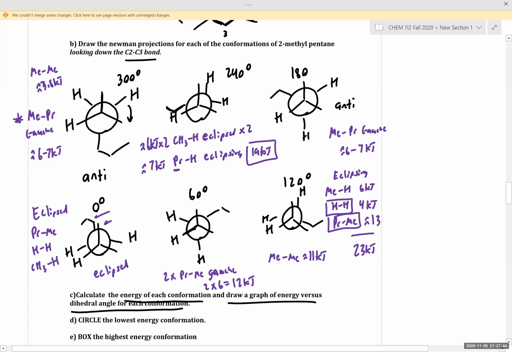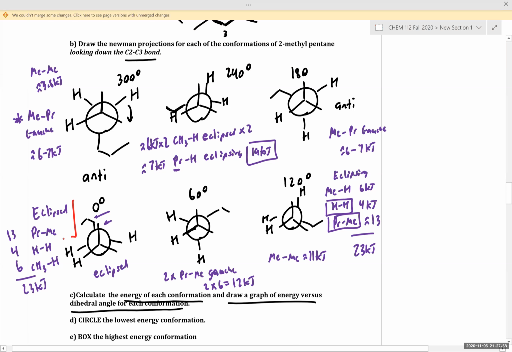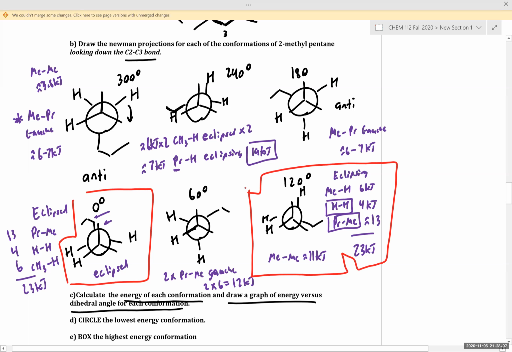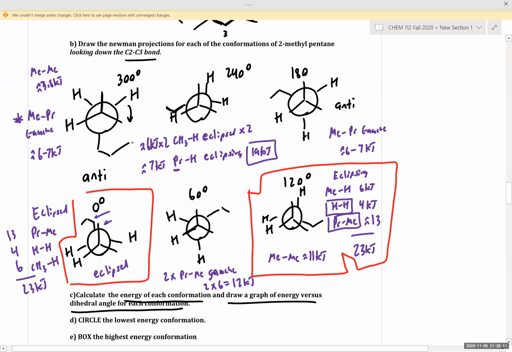That would give us a total energy of 13 plus 4 plus 6, which gives us 23 kilojoules. Okay, so in terms of our highest energy conformation, we're going to put a box around each of our eclipsed conformations. And for our lowest energy conformations, we're going to circle our 2 anti-conformations.